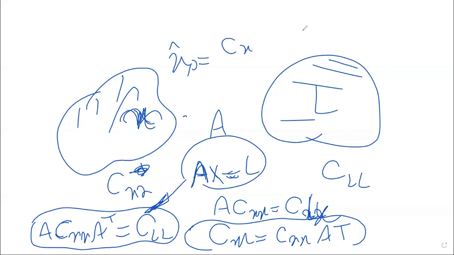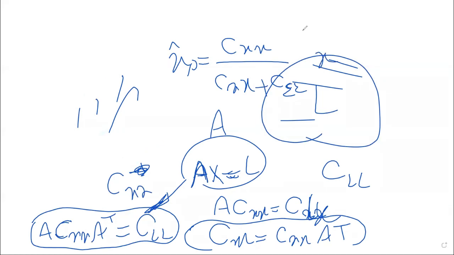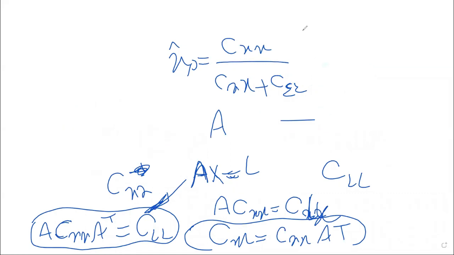So if I work in a space, then I will have C_XX plus C_epsilon epsilon, if you remember, multiplied by X. Let me clean this part to explain better. And it was multiplied by X. So what does this say?